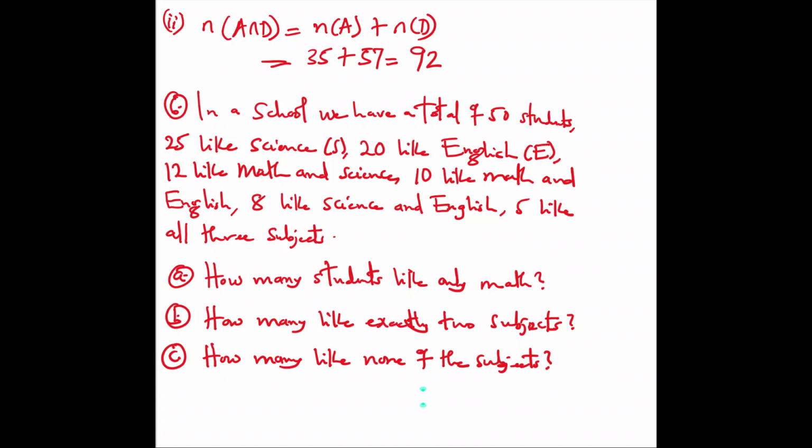It says, in a school we have a total of 50 students. 25 like science, 20 like English, 12 like math and science, 10 like math and English, 8 like science and English, 5 like all 3 subjects. So now the first question says, how many students like only math?